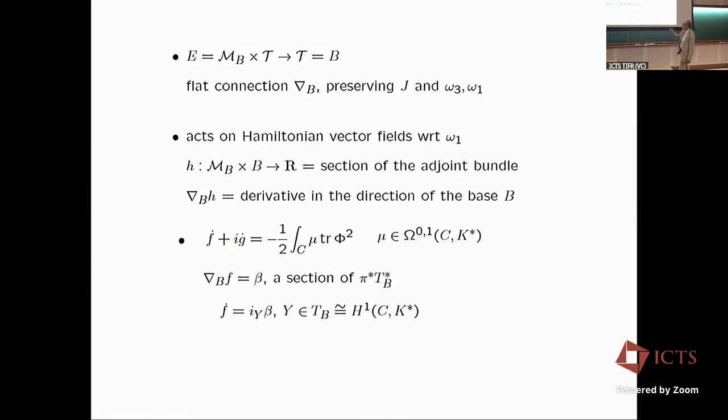So my f dot depended on the direction. So now I want to say that basically beta, a section of the pullback of the cotangent bundle of the base, is defined by the covariant derivative with respect to this flat connection of the function f.